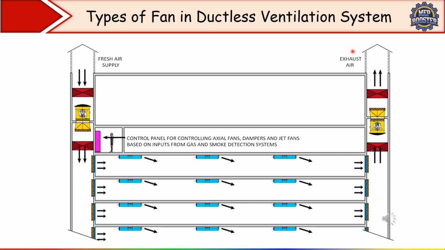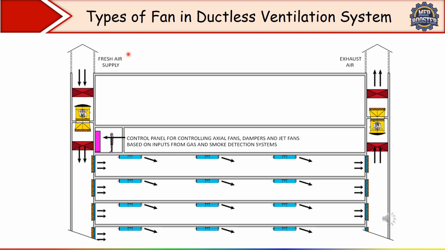In the same way, to supply fresh air, we supply it with the help of this duct open to sky. Here we have installed the fresh air fan, and this fresh air fan we always have to install in the filter box, as I have already told you.